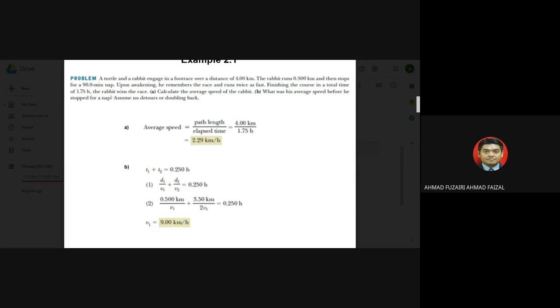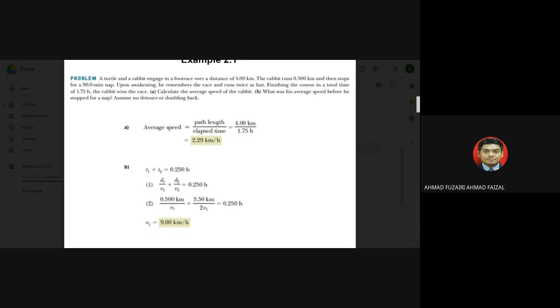Inside here, you can see the 90 minutes nap. When we try to convert it to hours, it is 90 divided by 60, so it's about 1.5 hours. Am I right?